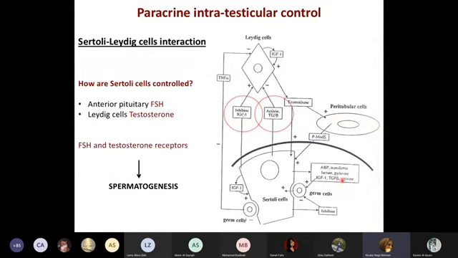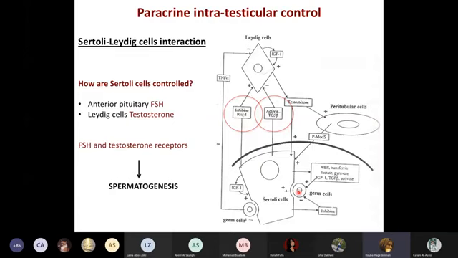So these two molecules synthesized by the Sertoli cells will either activate or inhibit the germ cells. So this is the way the germ cells respond to the testosterone. It's via the Sertoli cells.